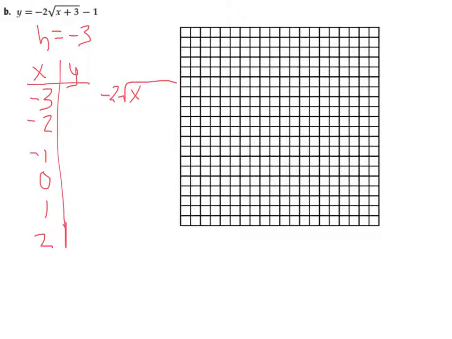So we're going to have -2 square root of -3 plus 3 minus 1. The square root of -3 plus 3 is going to be the square root of 0, and -2 times the square root of 0 is going to be 0, and 0 minus 1 is going to be -1. So you'll do that for each of these and get all of the different y values.